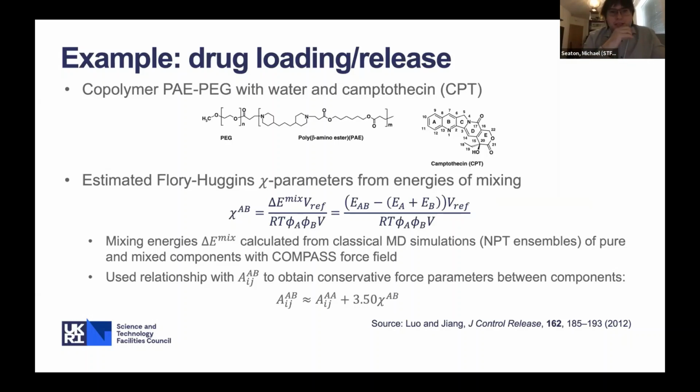The way in which this model was parameterized was they carried out classical MD simulations of pure and mixed components, and used the energies from those to obtain Flory-Huggins chi parameters, and then used the relationship between chi and the conservative force parameters to get the conservative force parameters for DPD simulations.